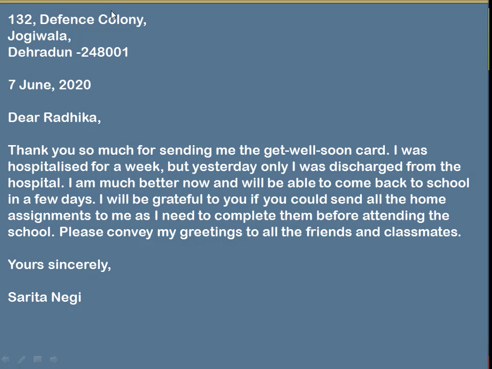Signature may not be there. So this is an informal letter. One element is missing here, and that is the receiver address or designation.